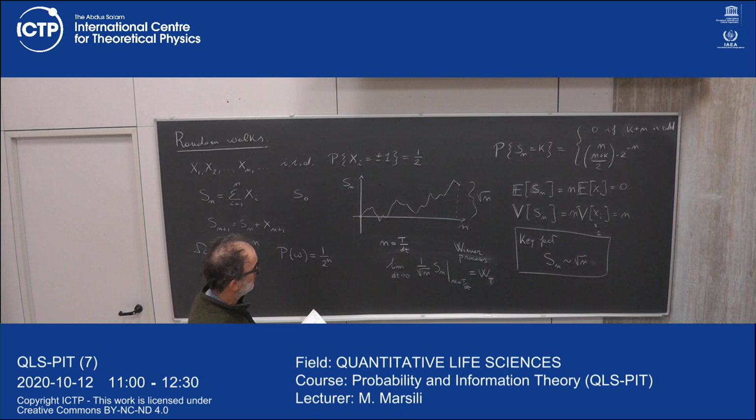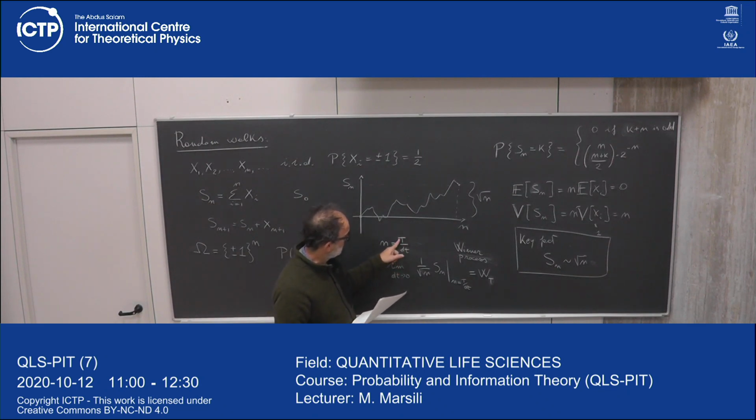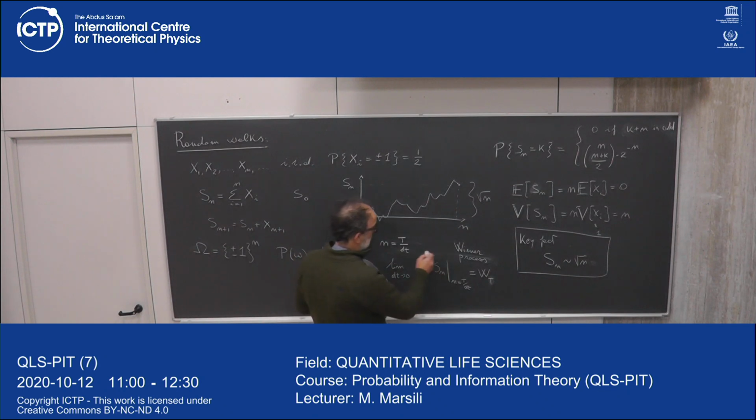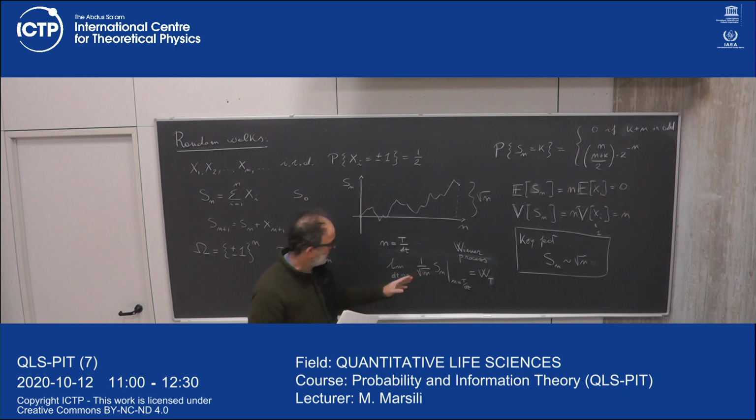But the key point that I want to stress is that, say, if you take a fixed t and two different but small values of dt, and you do a numerical simulation and plot this combination here, you should not be able to see which of the two curves that you obtain corresponds to the smaller or to the largest dt, provided that both these time intervals are very small.